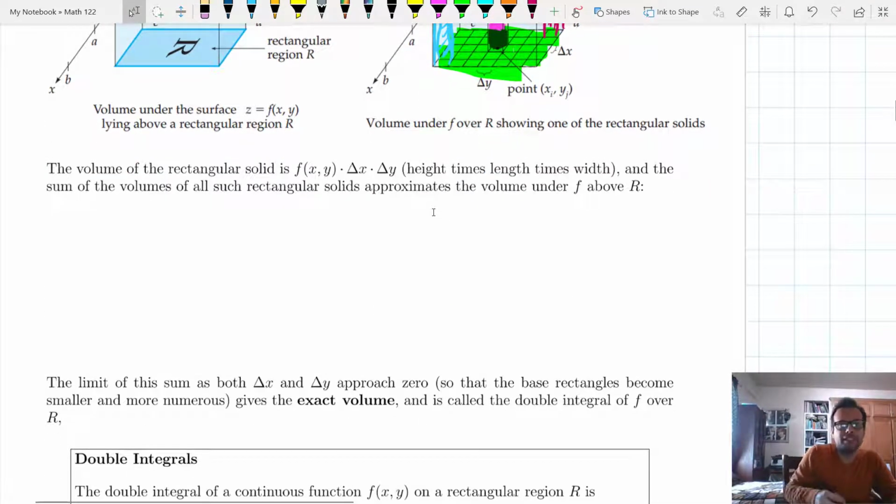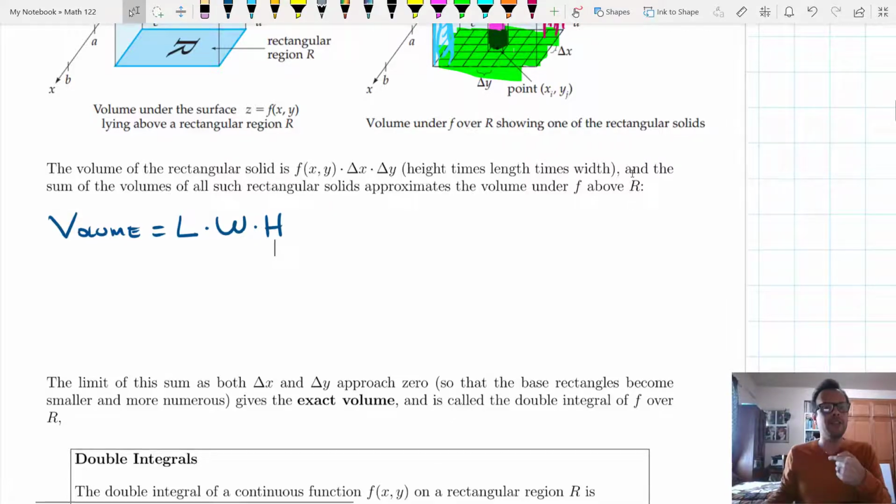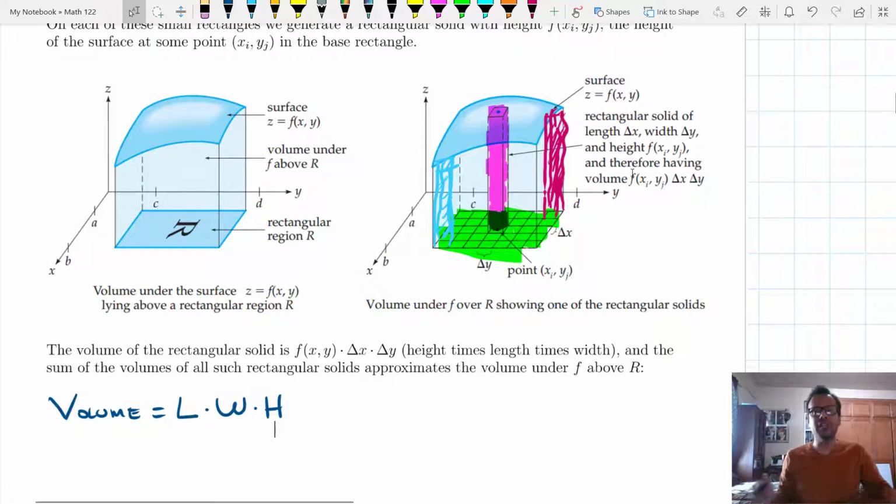So in this case, how do we find the volume of a solid? In general, we're considering a rectangular box with length, width, and height, right? Where are we going to get that length, and that width, and that height?